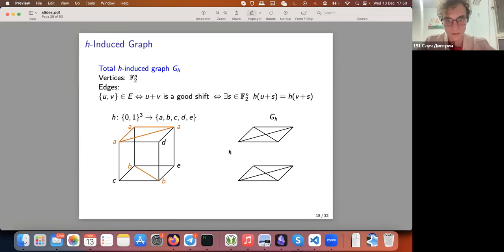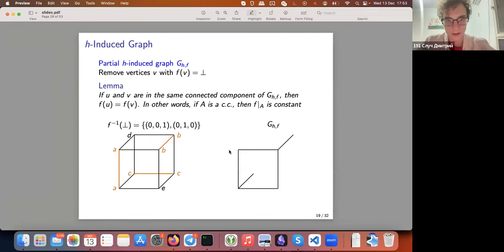Now we throw away all the points where the function is not defined. We take the total H-induced graph, that's the first picture again, and it was a cube, and here the function is undefined on these 2 vertices. And we throw these vertices off, like it was this vertex and this vertex, and we remove that, and here is what we got left.